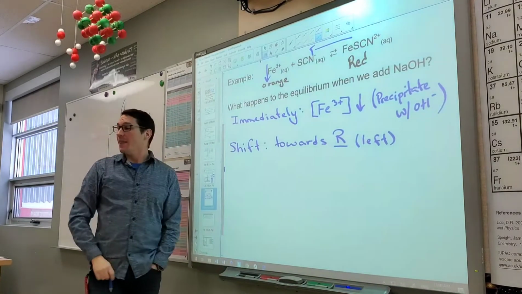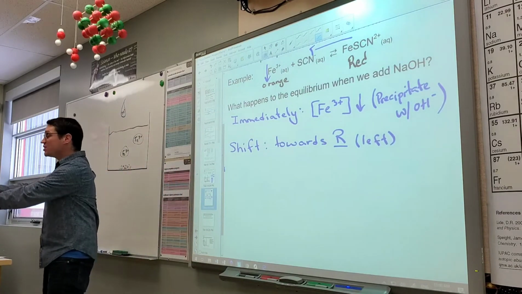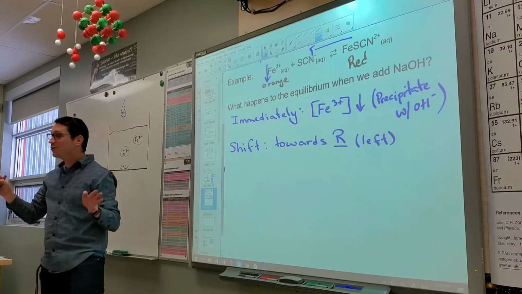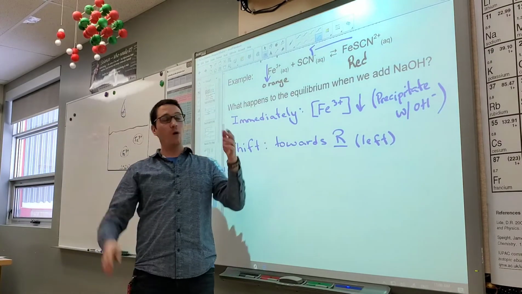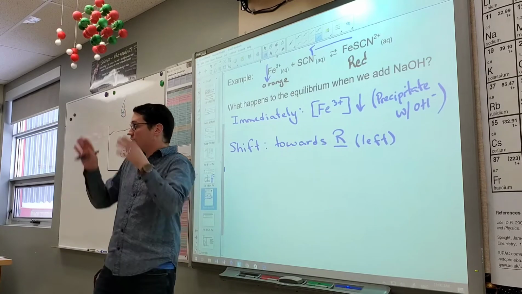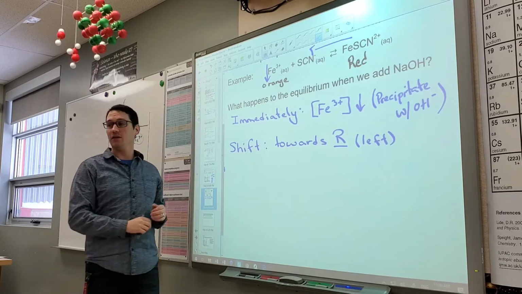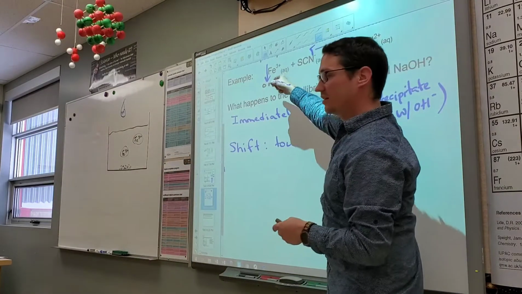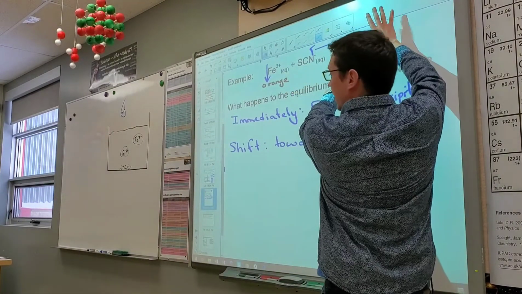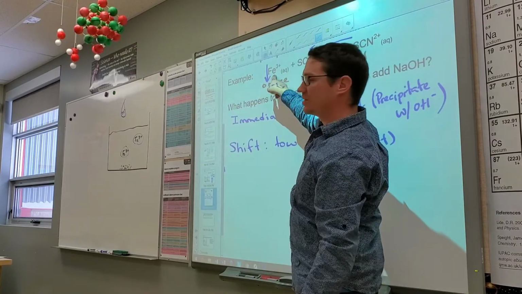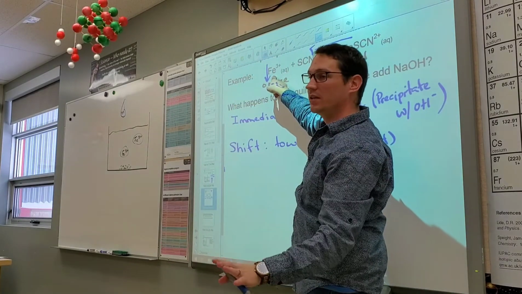Now, because this equilibrium shifts to the left, what concentrations go up and what concentrations go down slowly? Because we're shifting to the left, we're taking this and turning it into this. So what happens to the concentration of iron 3+ slowly?